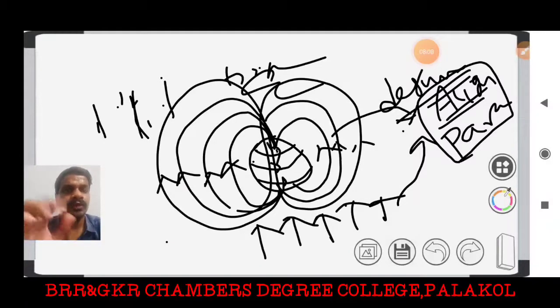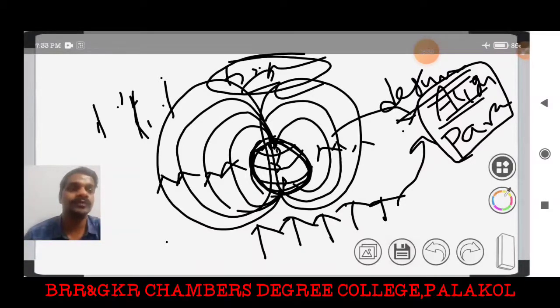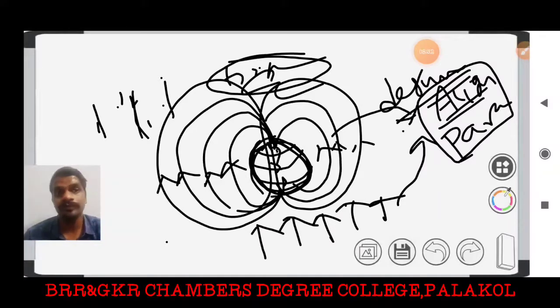If around that nucleus the created secondary magnetic field is aligned with the external magnetic field, then the precessional frequency of that particular nucleus will increase. That means at 1.41 Tesla, the nucleus precesses with more than 60 megahertz precessional frequency.